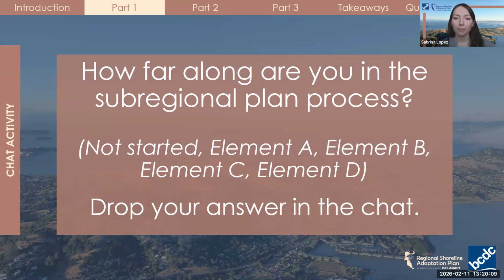Seeing working on elements A and B, mapping valuable assets, just starting elements B and C. No wrong answers. Don't be shy.